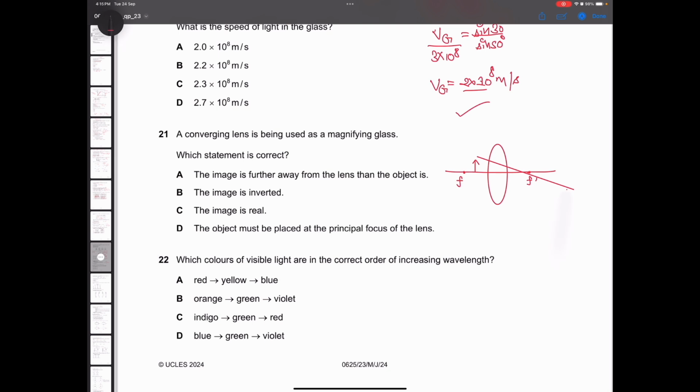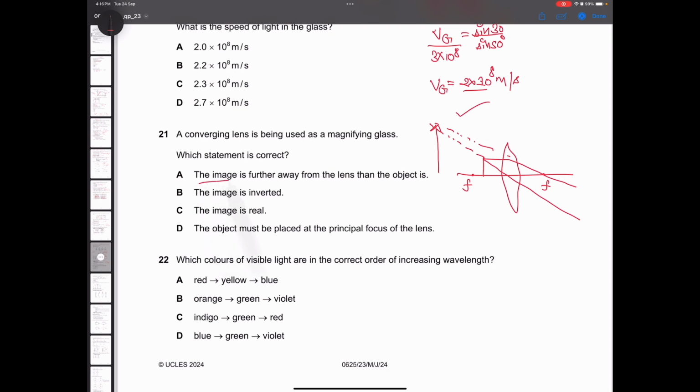Let me just erase this. I'll draw the rough diagram. There's a principal focus. One light ray goes like this, another principal focus. So it passes through here. One goes from the center. Then we retrace the light rays backwards. Then the image formed is this one.